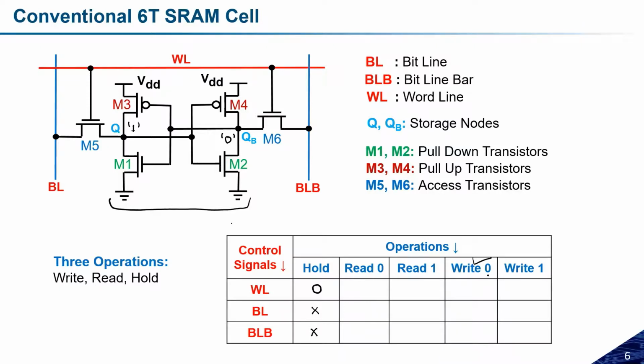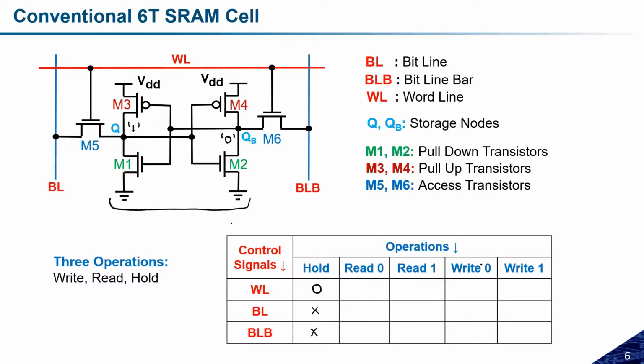If I am referring to write 0, this is always with reference to Q. So read 0 means with respect to Q, and read 1 means with respect to Q. Whatever operations we are writing over here, these are all with respect to Q, and QB will be the opposite, because Q and QB are complementary in nature. So read 0 means I want to read logic 0 at Q, and similarly for the other operations.